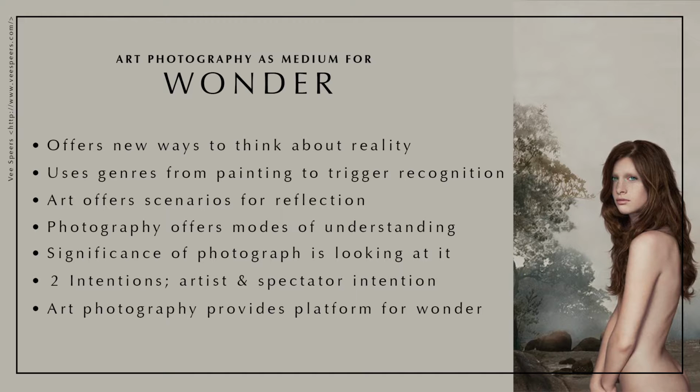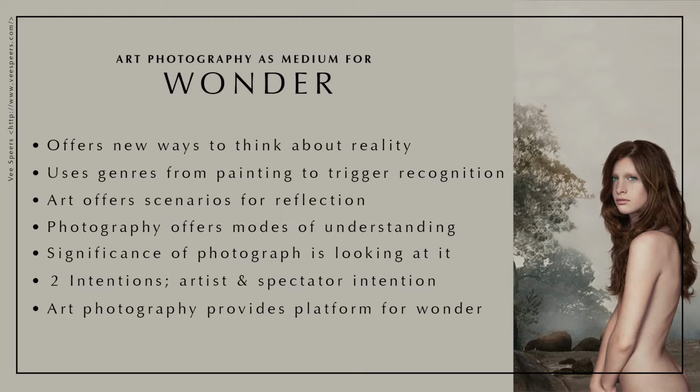Art photography frequently uses genres from painting to trigger a sense of recognition that starts the process of signification. Keith Oatley suggests that art enables thoughts and feelings around an artwork that offer multiple modes of understanding. Art doesn't generally direct people to think in a certain way towards a certain conclusion.